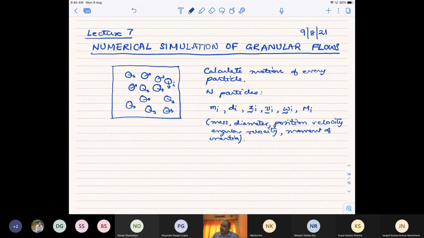And what we would like to know is xi, vi, and omega i. How do they change with time? Right?